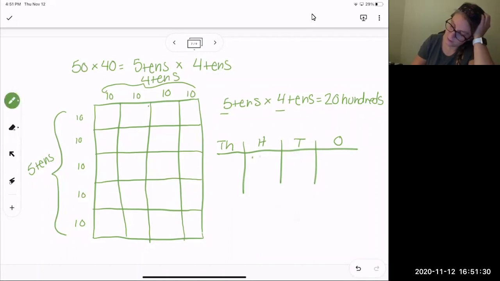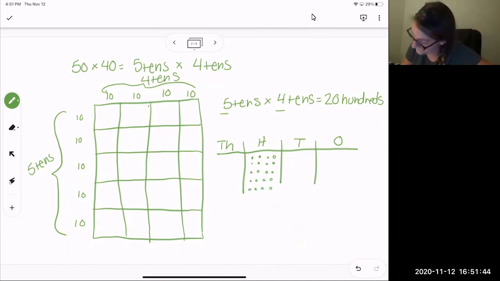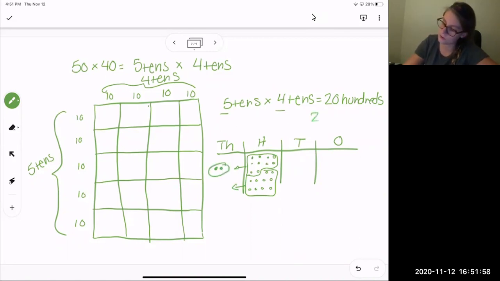If we had 20, 1, 2, 3. Okay, there's my 20 hundreds, and we can do groups of 10. So here's 1 ten, 2 tens. 20 hundreds is equal to 2 thousands. So 2,000 is going to be our answer.